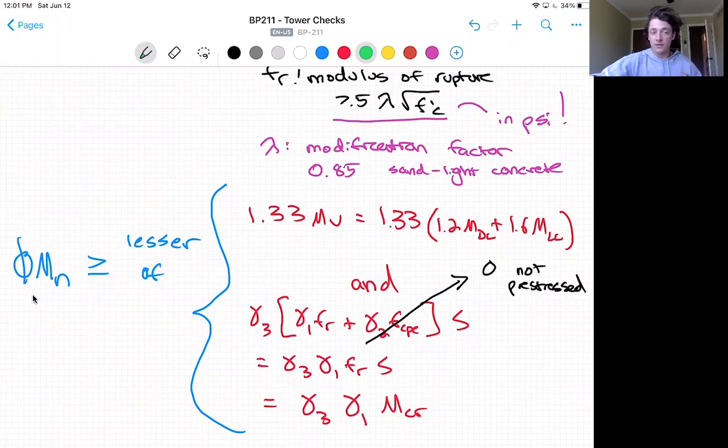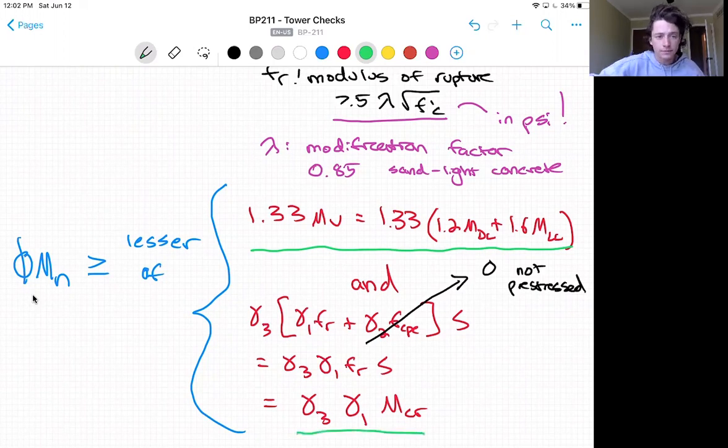Now, these factors come from the NCHRP and are summarized in the presentation linked below to an AASHTO committee. But for 2011 onward, the required comparison for overdemand is that 1.33 times the required strength here. And the required comparison for section demand for cracking is that longer equation. But that can be simplified to gamma 3 times gamma 1 times fr S because our steel is not pre-stressed. And then fr and S give the cracking moment, so we can just apply a factor of gamma 3 times gamma 1 to the previously calculated cracking moment.